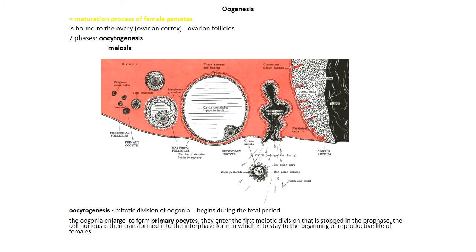And once it attains puberty, this first meiotic division continues, and after that immediately the second meiotic division also takes place, but that second meiotic division is also arrested at metaphase stage, and it completes its second meiotic division only after fertilization.